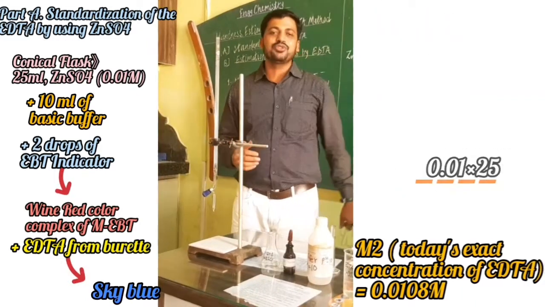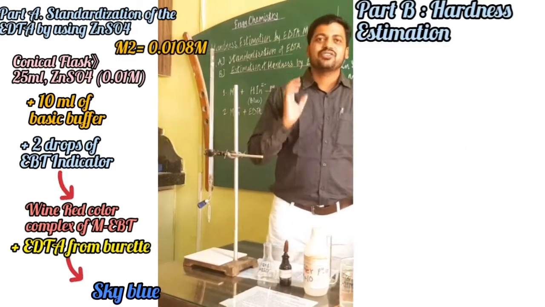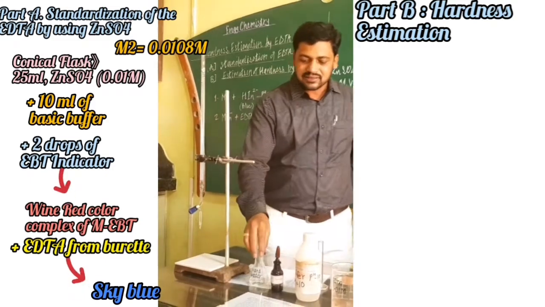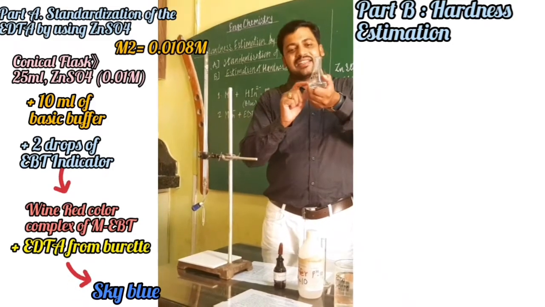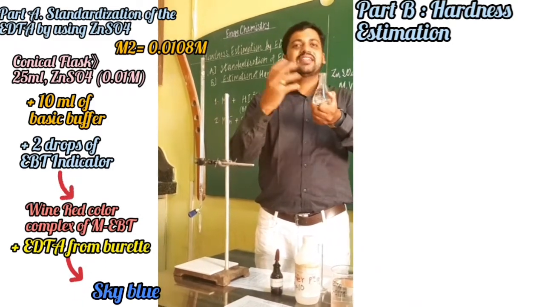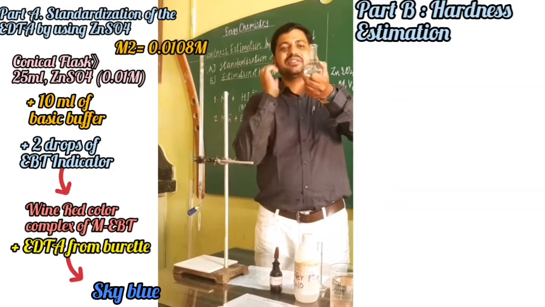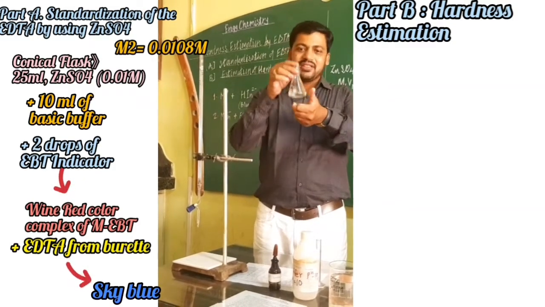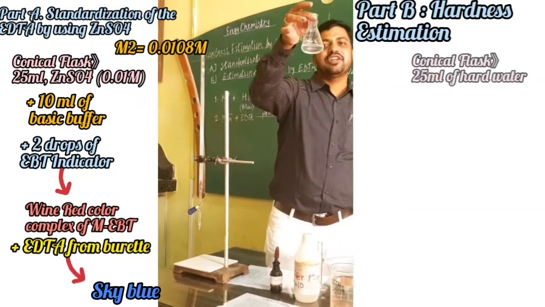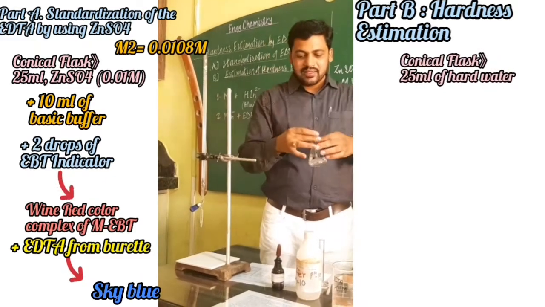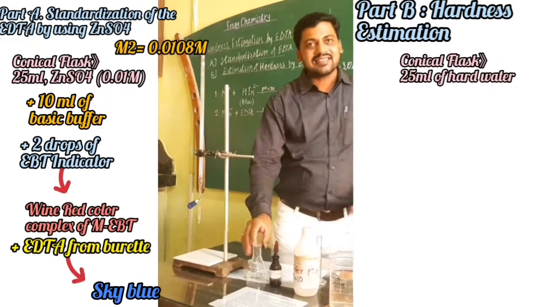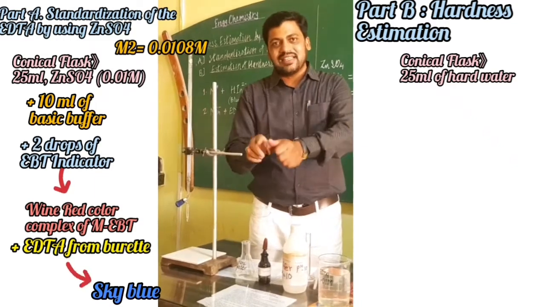Now we want to estimate the hardness of the water sample. That means what is the amount of divalent cation present in the water in ppm, that is nothing but the estimation of hardness of this water sample. I have to pick up here 25 ml of the hard water sample. In this hard water sample, as in the standardization procedure, the same thing we have to add.